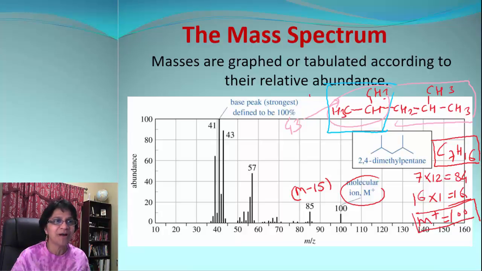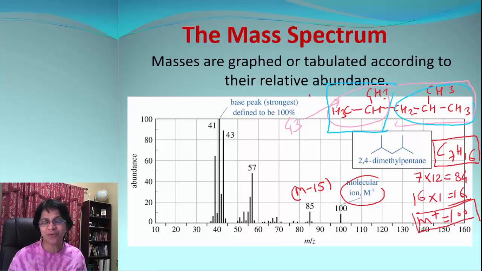And the total mass of the structure on the right side will be 100 minus 43, or if you actually calculate the mass, it's going to give you the same answer. It will be 57. So here's the deal. We're going to get two different fragments, 43 and 57.